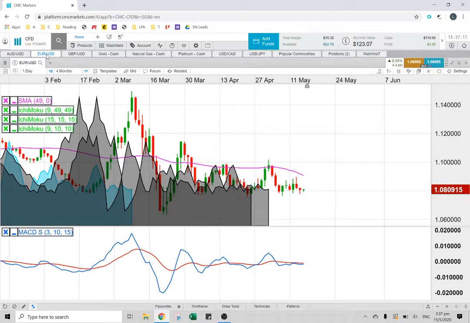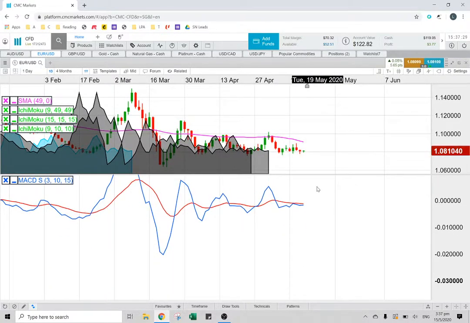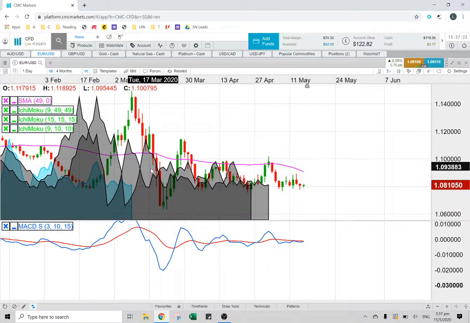For euro dollar, we have the SMA lines down, the trend line, and then the red and blue lines are very flat, as you can see over here. Based on the pink line, we are starting to see it drop off the higher numbers, so it will start to get flatter as well over the next 2 weeks.